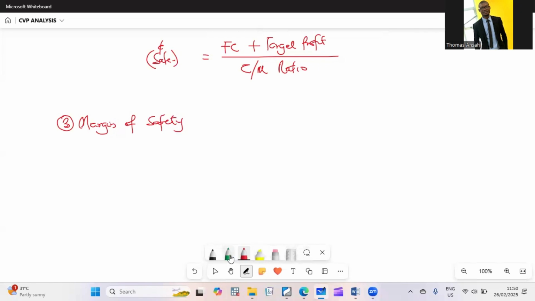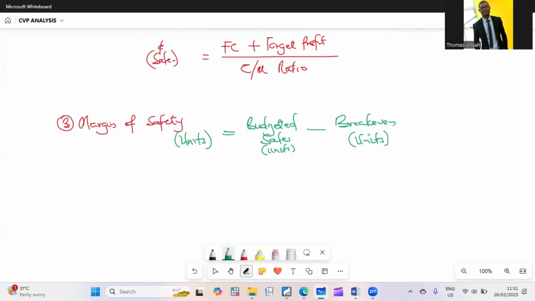So in terms of units, margin of safety in units, we are going to look at the budgeted sales in units, minus the budgeted break-even in terms of units.